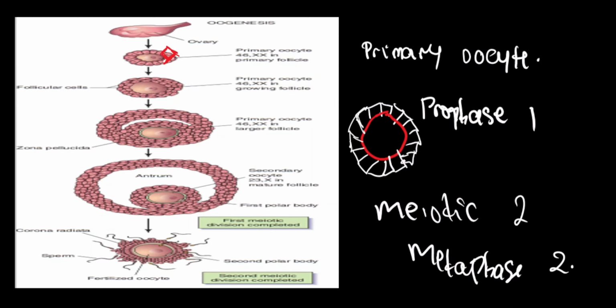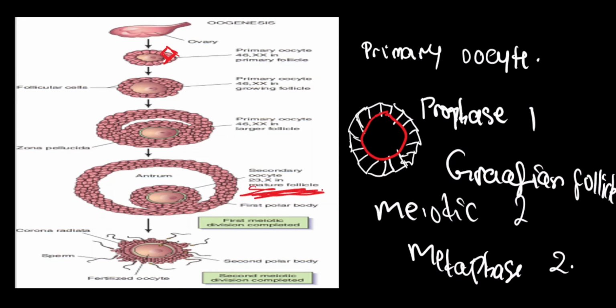In the ovarian cycle, these follicular cells develop. They develop from being primary follicles, they continue growing and growing, and then they grow into mature follicles and then Graafian follicles, which is the mature follicle that we have here at the secondary oocyte level.